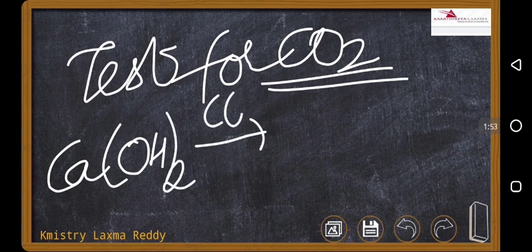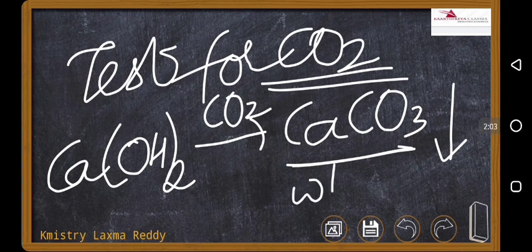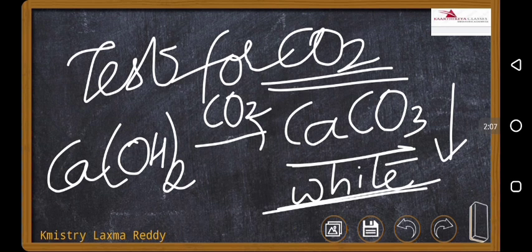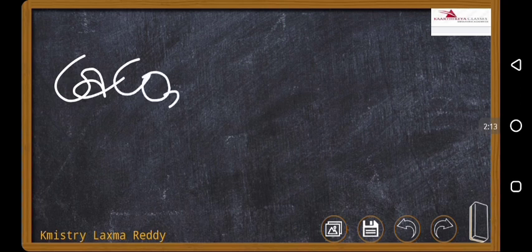When you are passing carbon dioxide, it forms calcium carbonate. Calcium carbonate is formed, it's a white precipitate. So when white precipitate is formed, you can confirm that that is calcium carbonate. But beware of this one, inorganic part also I am including here.